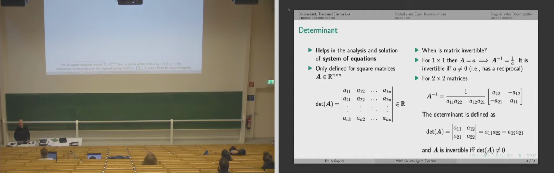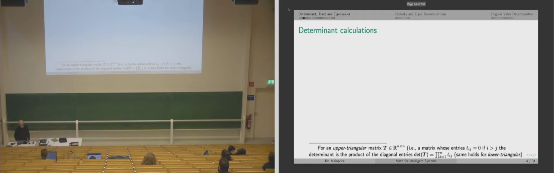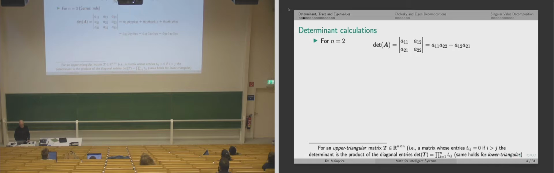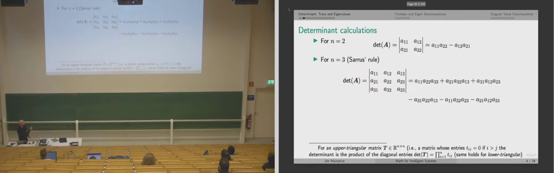So the question is, how do we calculate the determinant? I just explained that for the 2D case. For the 3D case, it starts to be more complicated. And the way we do that is called the Sarrus rule here. You can note that for an upper triangular matrix, which is square, meaning a matrix whose elements are all 0 if they're above the diagonal, the determinant is the product of the diagonal entries.